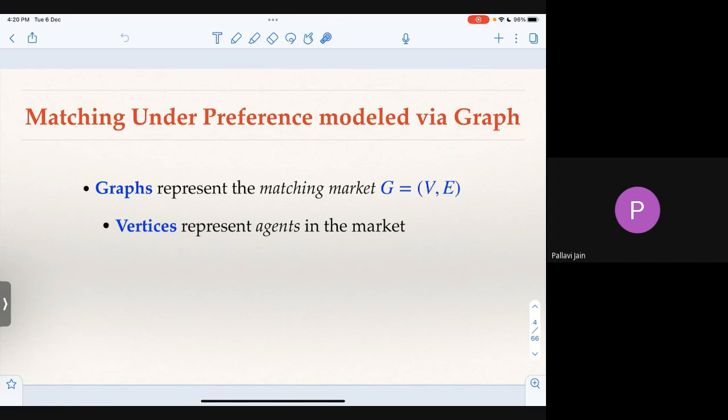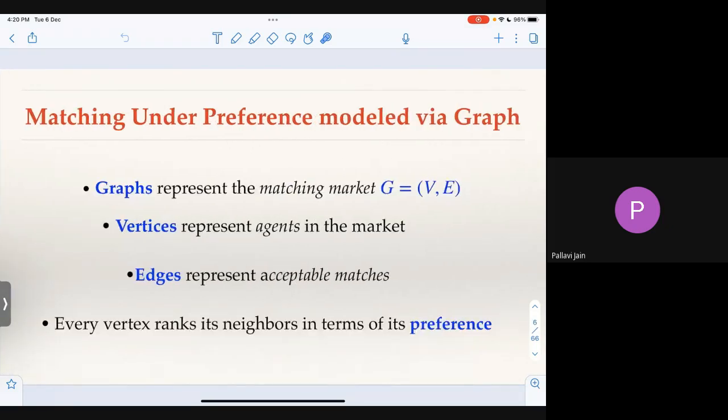Okay, so I'll be mostly talking about vertices, but if I slip and say agents, do understand that I'm still in the graph theoretic setting. Edges are acceptable matches, and that's the framework we are still dealing with.